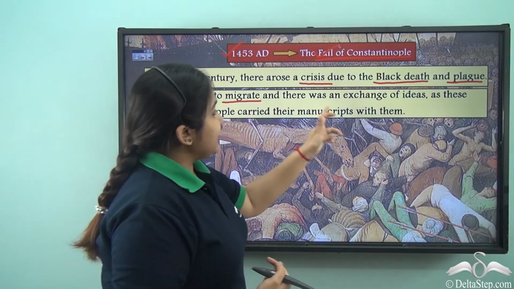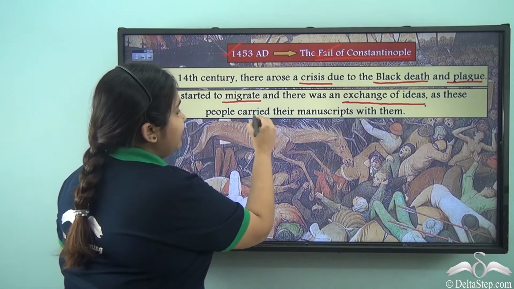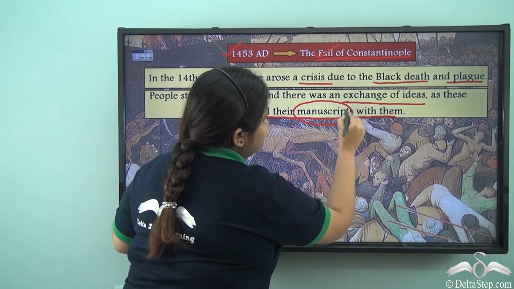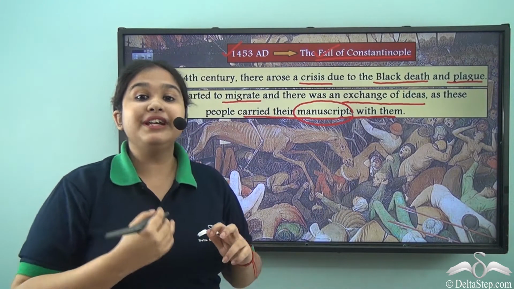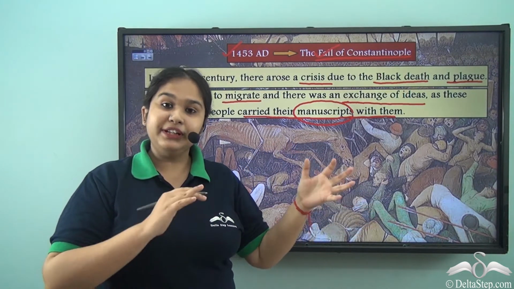Now, this caused the exchange of ideas when they were carrying their manuscripts. When we mention manuscripts here, essentially whatever written material they had, the records that they had, they were carrying it during the migration.